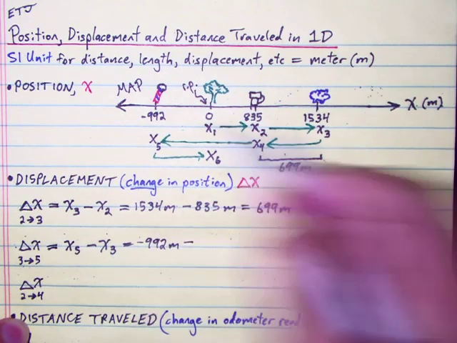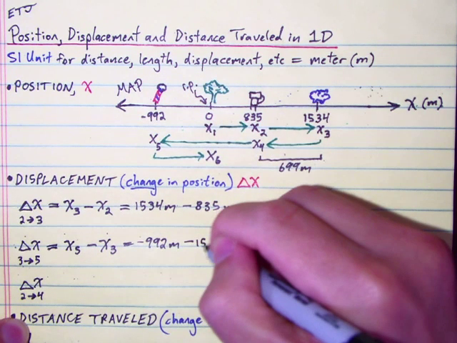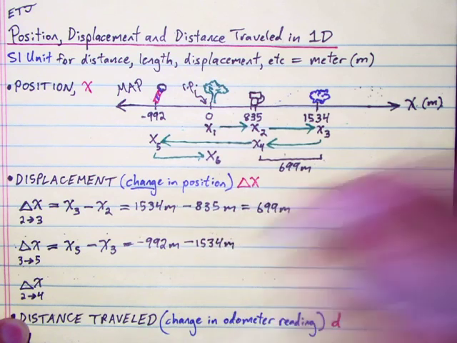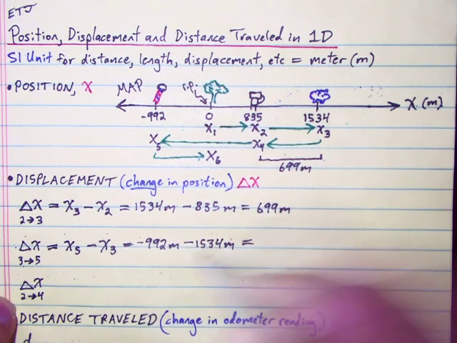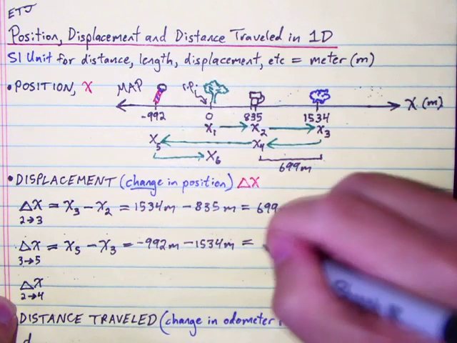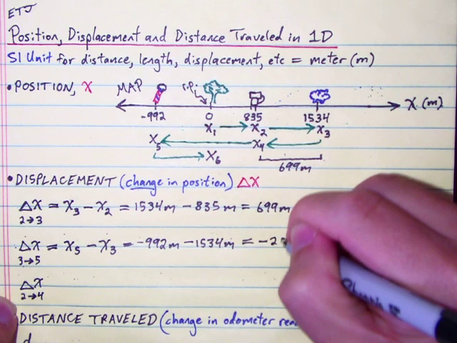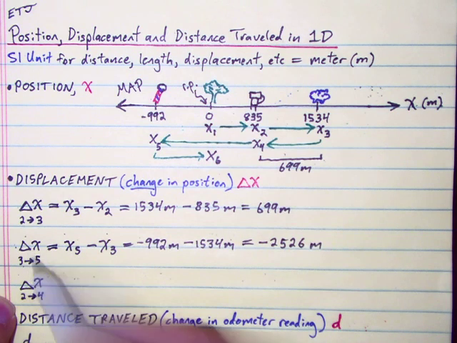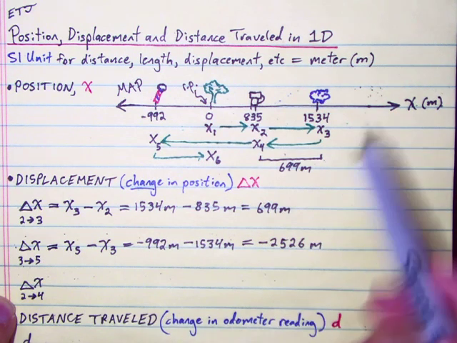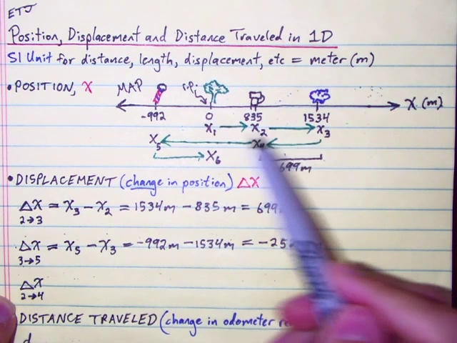His initial position, x3, was here at the petting zoo, 1534 meters in the positive x direction from our reference point. So the difference between those two is negative 2526 meters. The change in his position was negative. Overall, between those two events, he moved in the negative x direction.